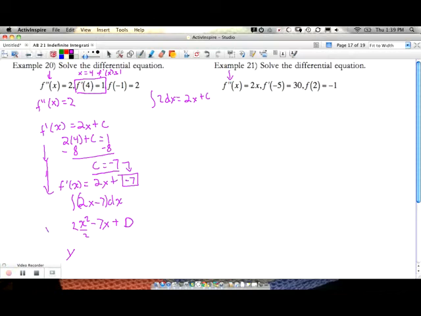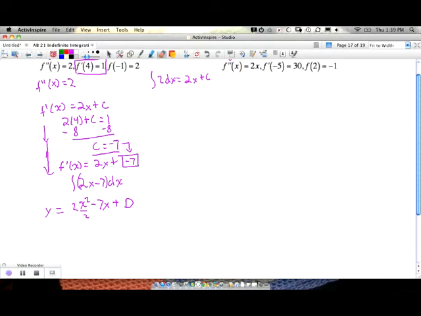So here's my function, y equals this. The problem is that I don't know what D is, but I could figure out what it is based on the information they gave us at the beginning. They told us that x equals -1 and y equals 2. So we can plug those in. That means that over here I would write a 2.